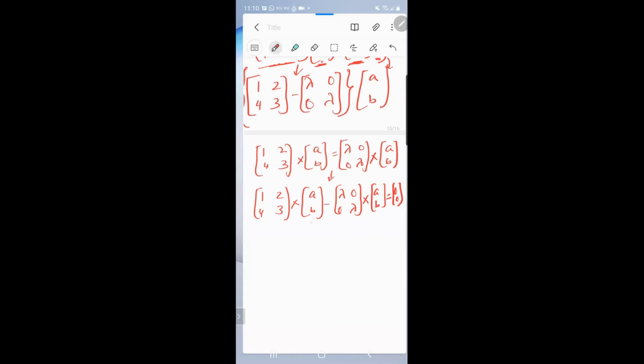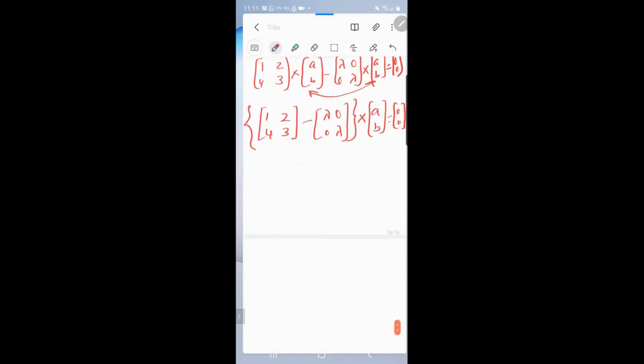Okay. Now I'm trying to use the distributive property on this. So 1, 2, 4, 3 minus lambda 0, 0 lambda times AB equal to 0. What the matrix 1, 2, 4, 3 really means is I had this initial vector 0, 1.